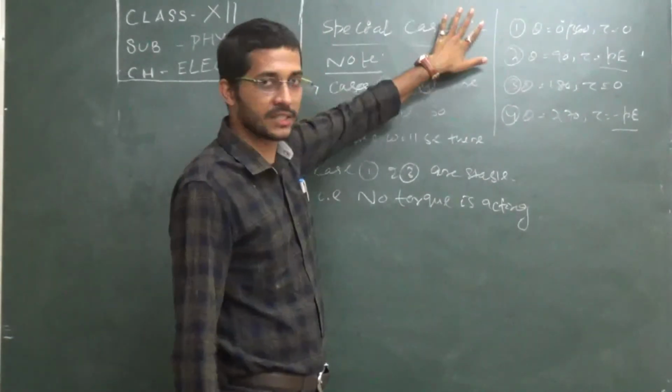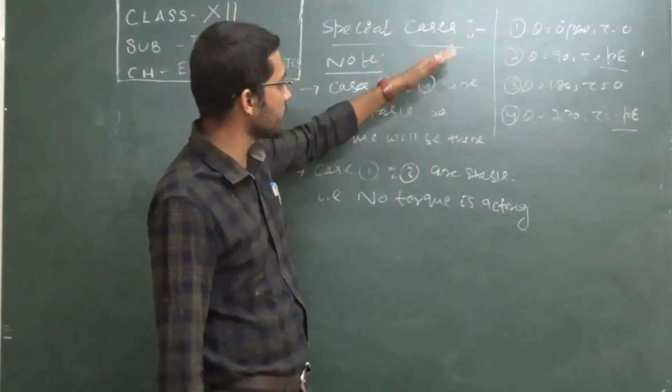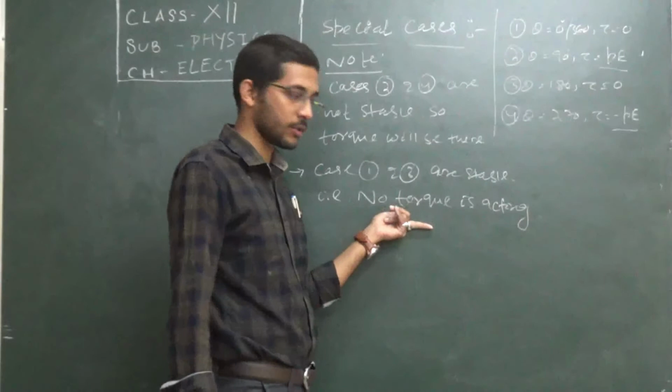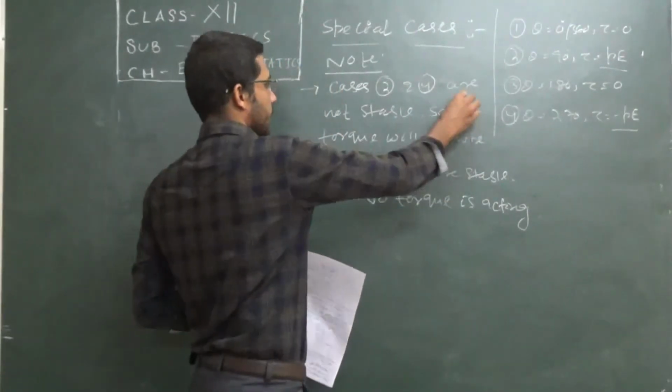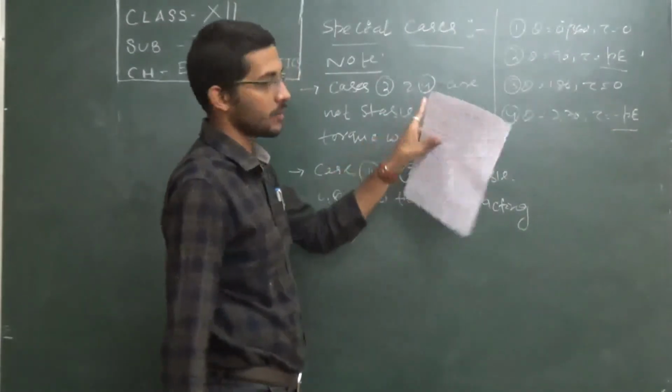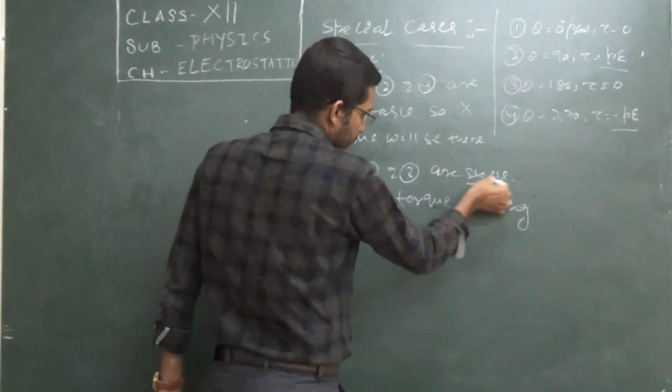Write down the special cases and draw the conditions from the different special cases. So you will write up to this for the 5 mark question. Okay. Now this is not our concern because this has a torque, so the body will rotate. But this is our concern because we are talking here about stability.